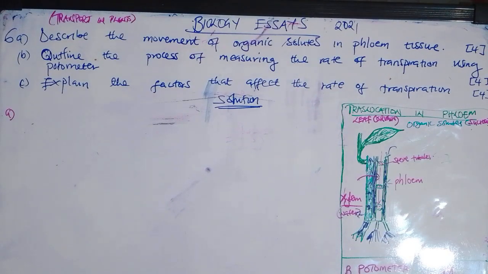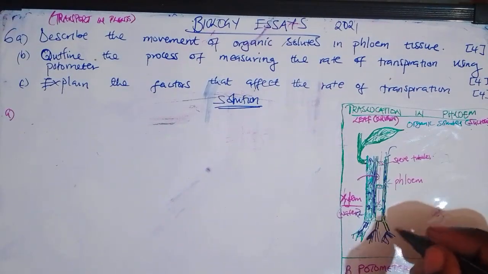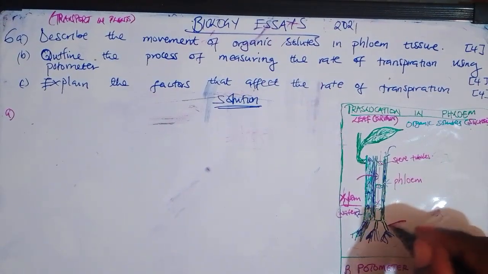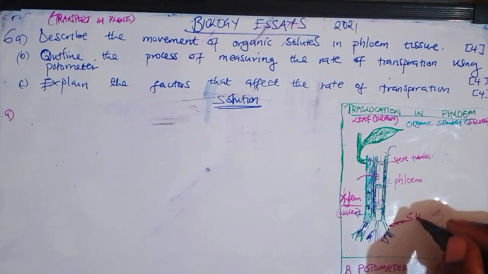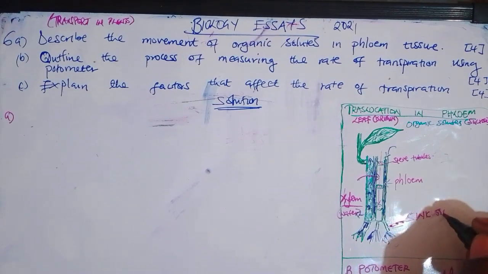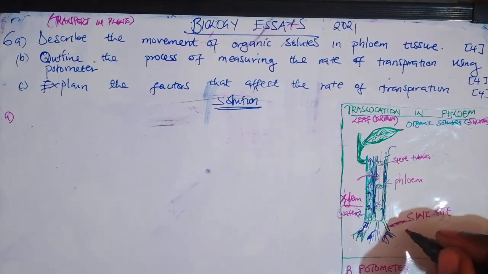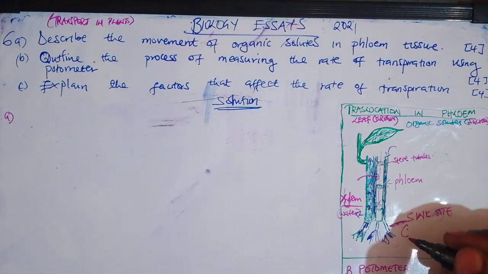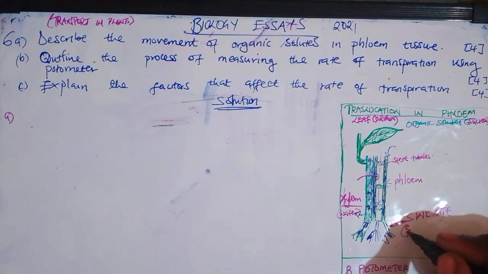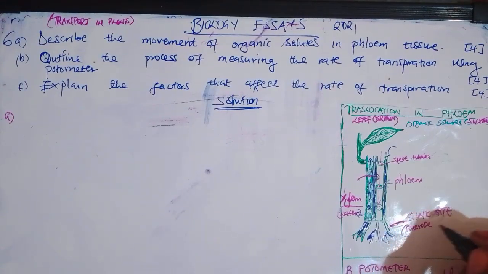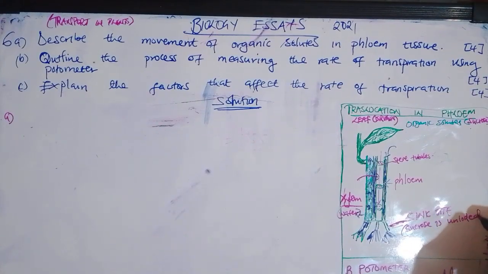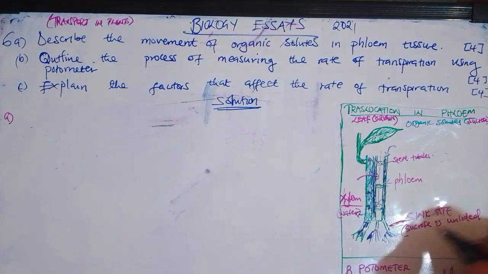So what are the sink sites? So we have this part. So this part is known as the sink site. What are the sink sites? The sink site is where now the sucrose is unloaded for use.